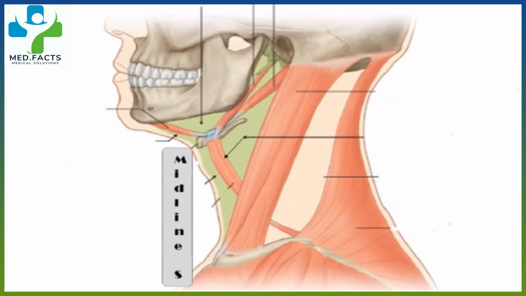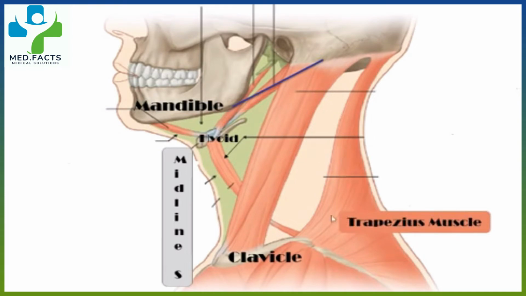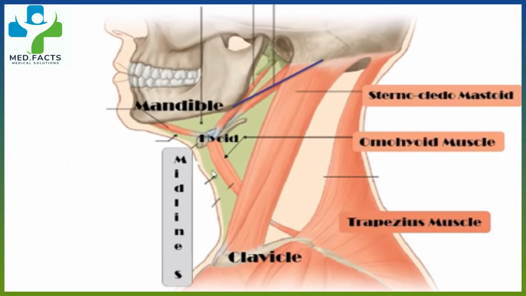So the 2 lines are the midline structure of the neck in the front, and the imaginary line drawn from the angle of the mandible up to the mastoid process. 3 bones: mandible, then we have the clavicle here and the hyoid bone here, and 4 muscles. One is the trapezius, the big muscle of the back, then the sternocleidomastoid muscle, then the third muscle is the omohyoid here, and the fourth muscle is the digastric muscle.